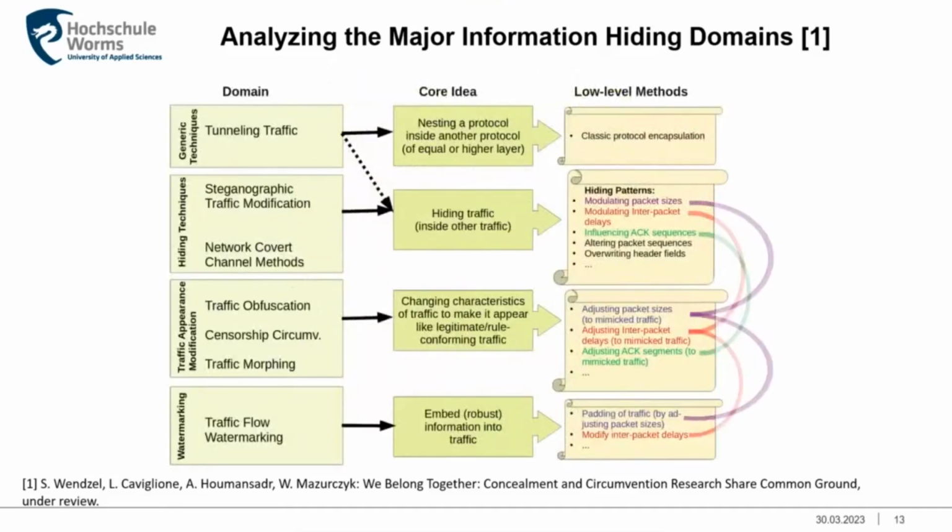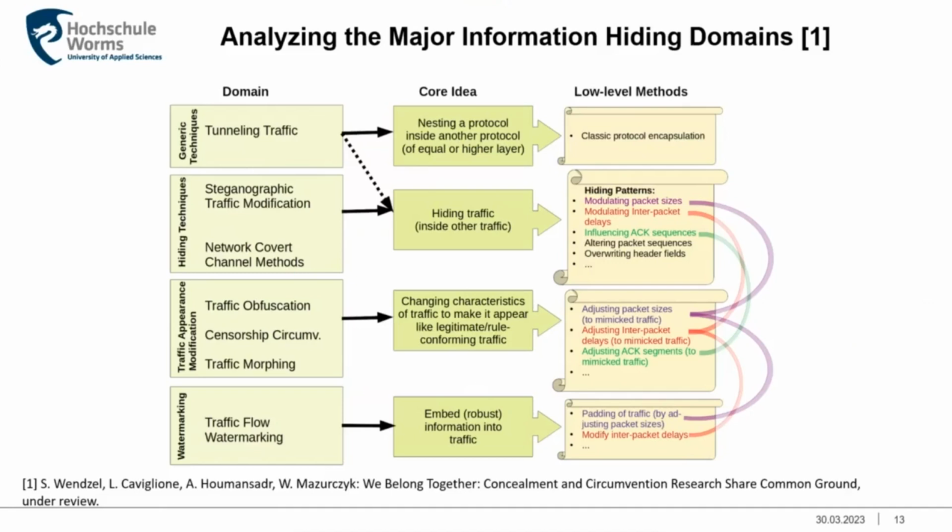So, for instance, stego and network covert channels want to hide traffic, but what do they do? I take the simple examples. They modulate packet sizes, inter-packet delays, they influence the acknowledging behavior of traffic, and so on.